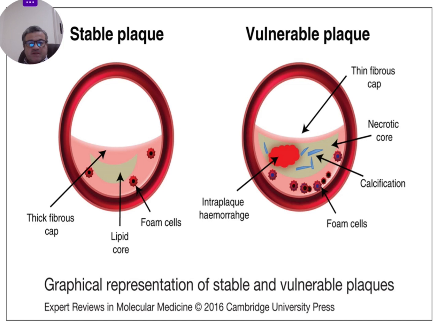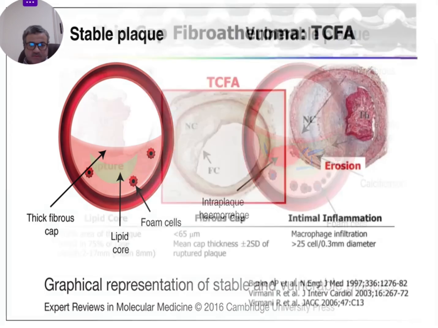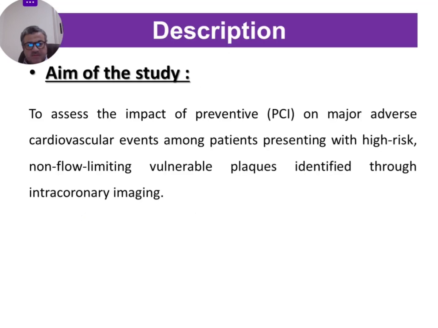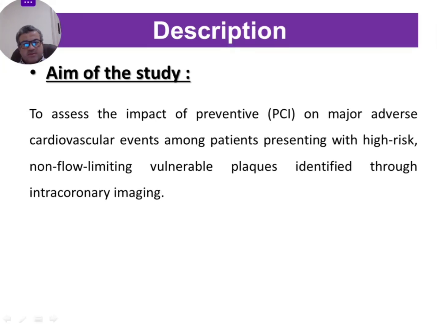On the contrary, the vulnerable plaque is characterized by a thin fibrous cap, a large lipid core containing necrotic tissue, calcification, a lot of foam cells, and also intraplaque hemorrhage. This is a histology cross-section of the vulnerable plaque with a thin fibrous cap, as we see.